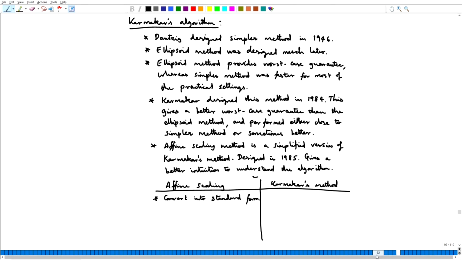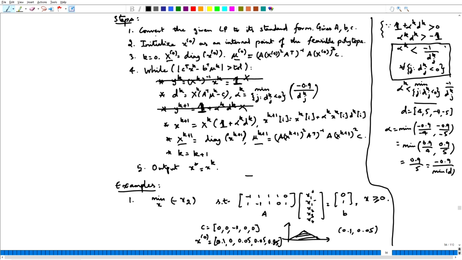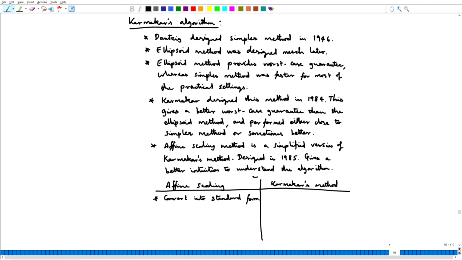So, I think that was the first step. The first step is just to convert the given LP to its standard form. That is how the affine scaling method starts. But here you convert it into a slightly different form, which Karmarkar calls the canonical form. Okay. So, I will tell you what a canonical form is.